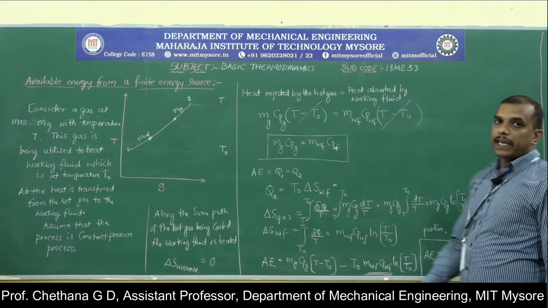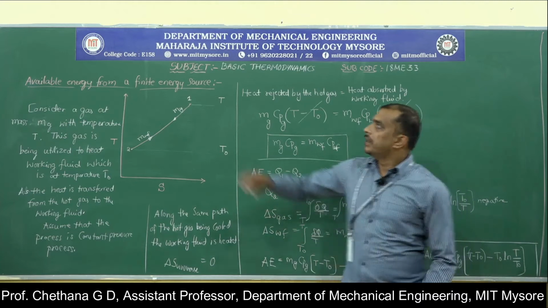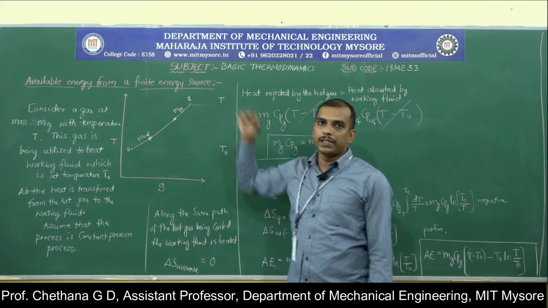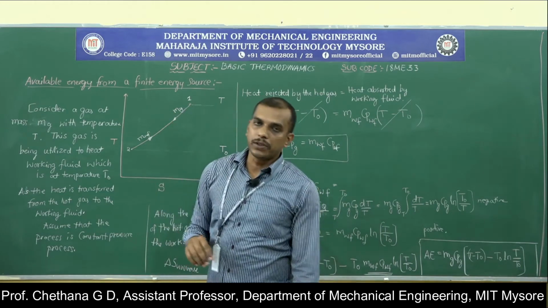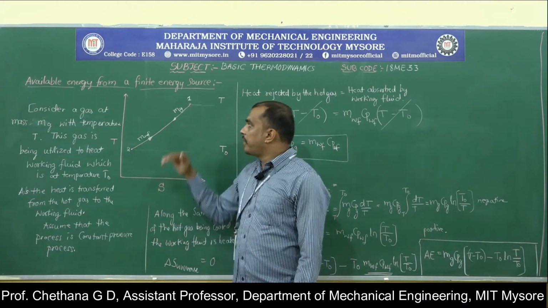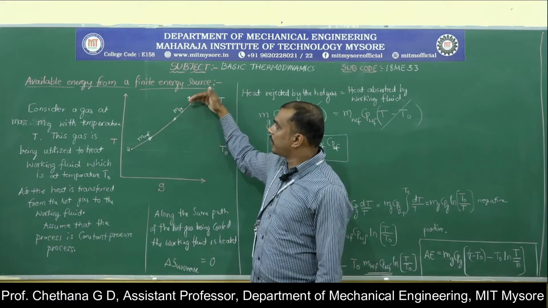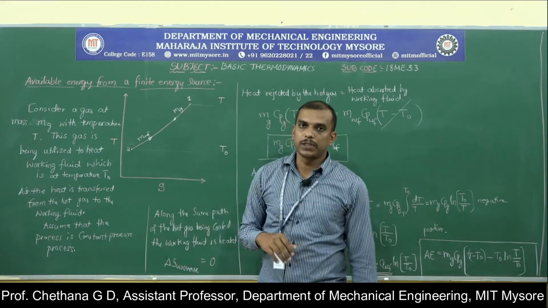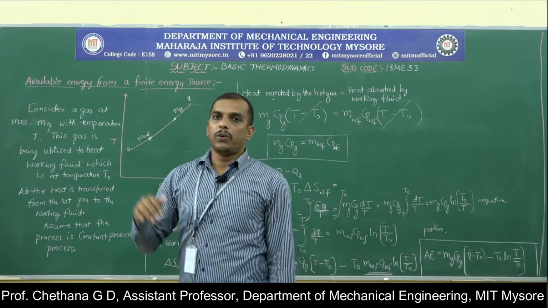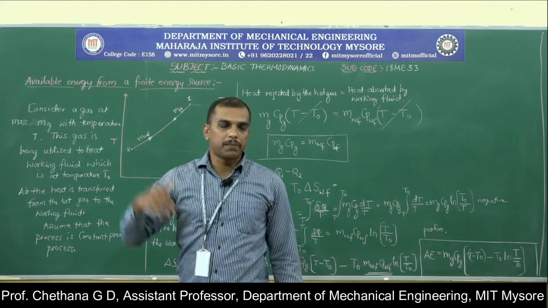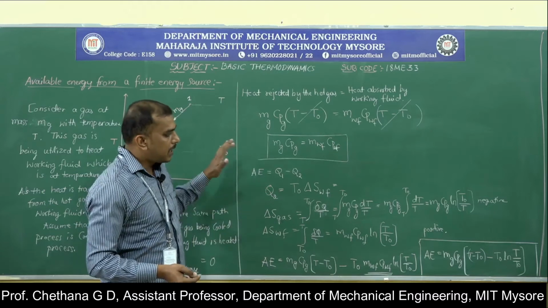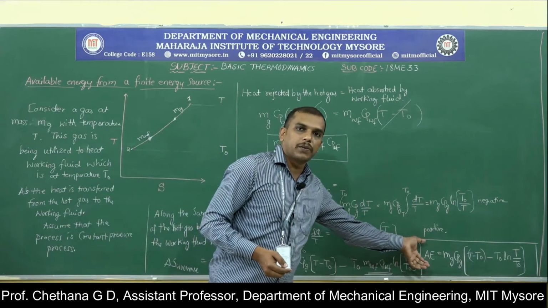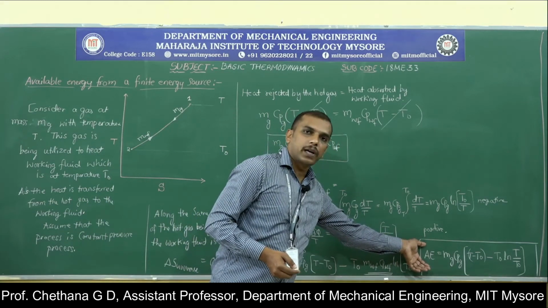Now this is the expression for available energy from a finite energy source. Remember, whenever you have a finite energy source, we have to assume that it is going to lose its temperature. Source is going to lose its temperature over by a constant pressure process, and the same will be given to the working fluid. And then once you deduce the equation, this is what we are going to get.